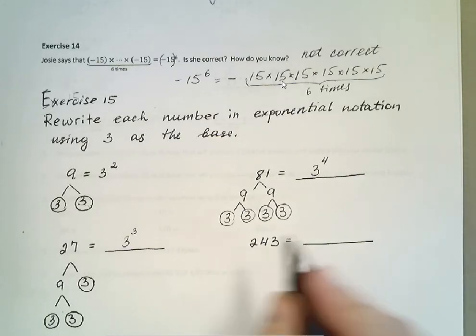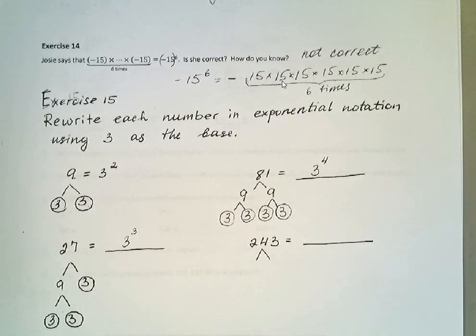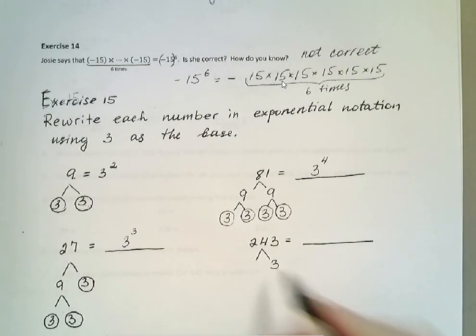Last one here, 243. Right now I can't tell what is going to be multiplied to get that 243. Since I know that it has to be a base of 3, I'm going to divide 243 by 3. And 243 divided by 3 is 81.